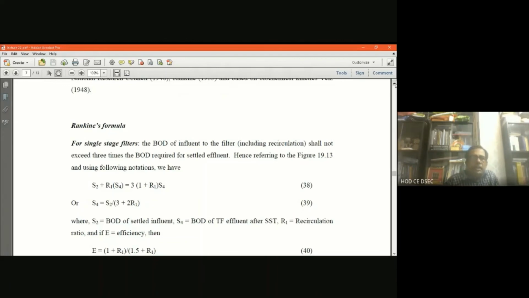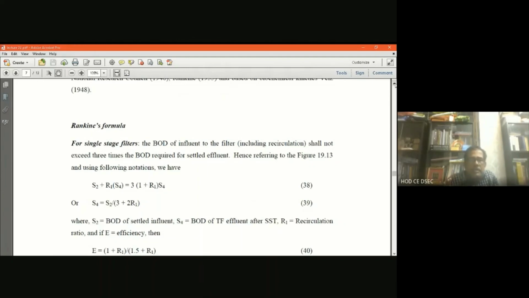If we recirculate the sludge, it will again contribute biomass in the attachment growth process, and it will augment the treatment process in the biological reactor. So this is the process.